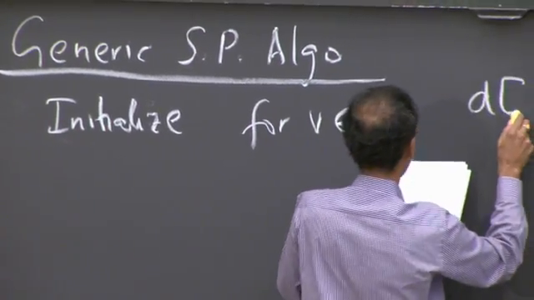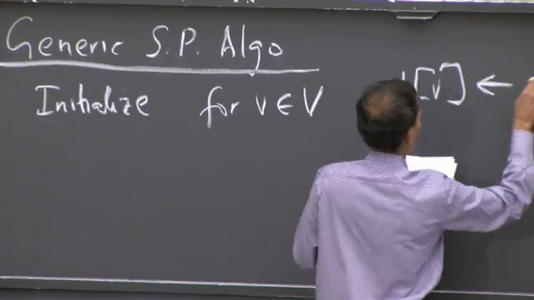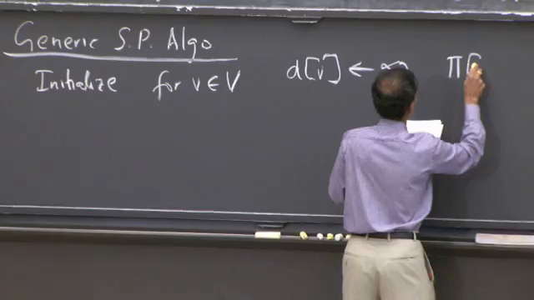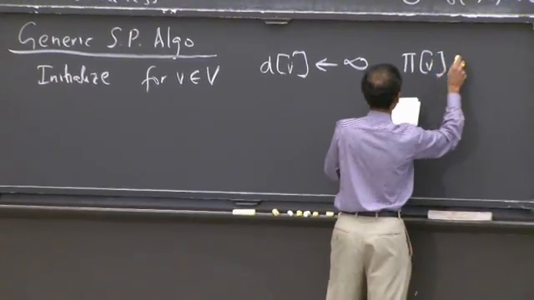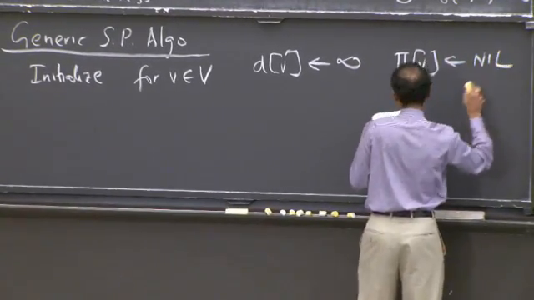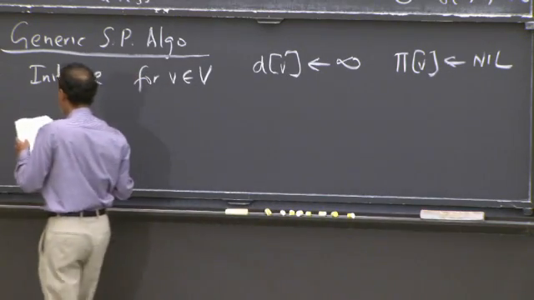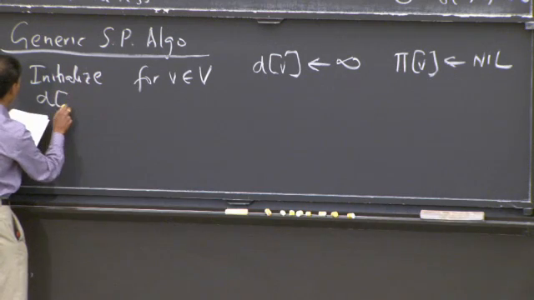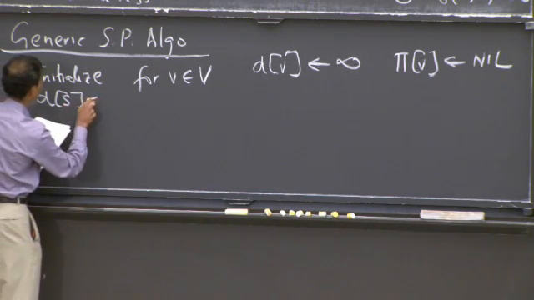So you're given a graph and you set all of the vertices in the graph to have infinite shortest path weights initially, set the predecessors to be nil, and then we'll set d of s to be 0.